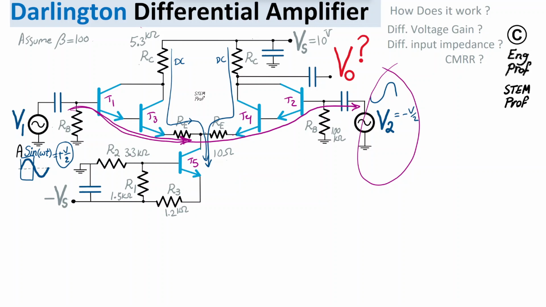Okay, so this current going this way, knowing that the AC current of the collector is roughly the same as the AC current of the emitter, so whatever magenta current is going as I'm showing, an equal amount of AC current is going like this, causing a voltage drop across RC AC-wise like this. And that should loop around effectively, because this magenta current is going this way through T4 and T2, so the same amount should go like this, AC-wise, a small signal, through RC, which means this voltage drop.